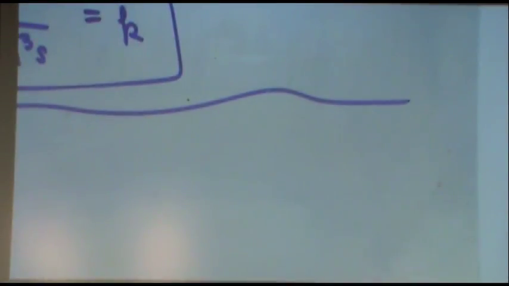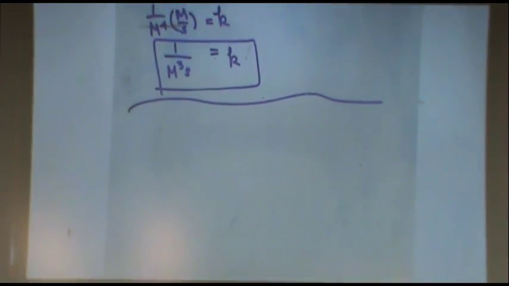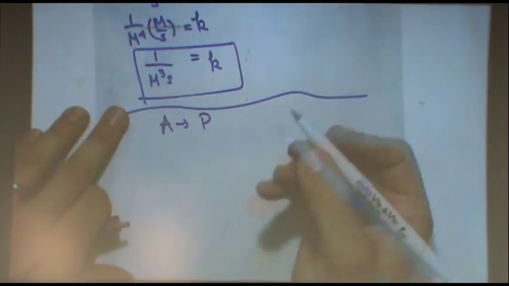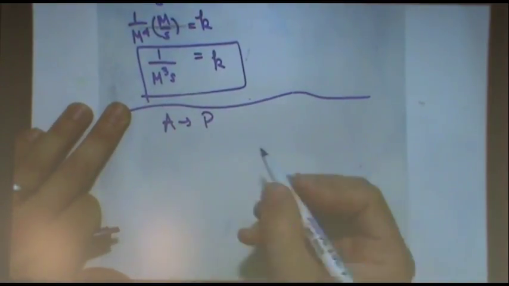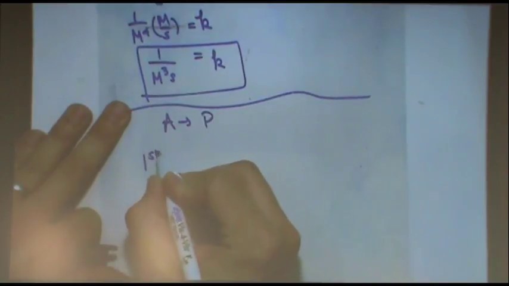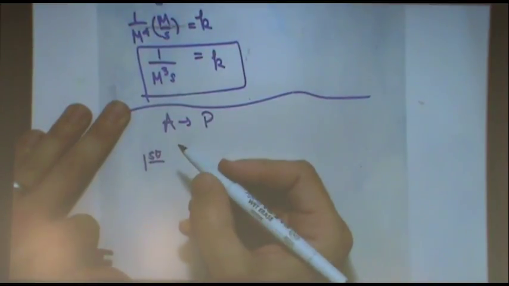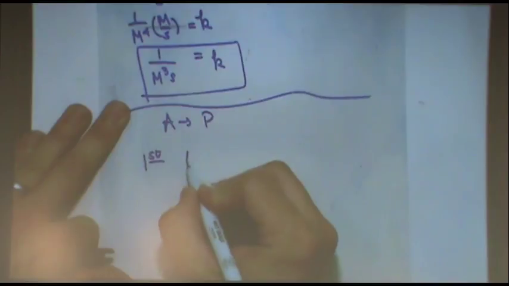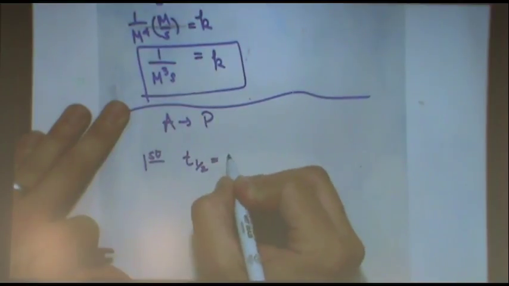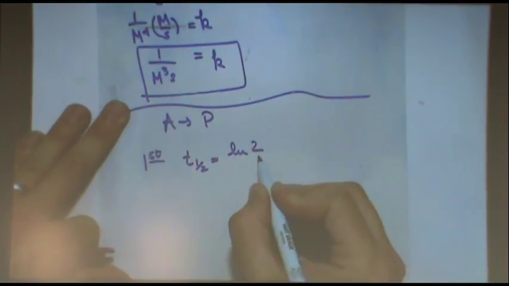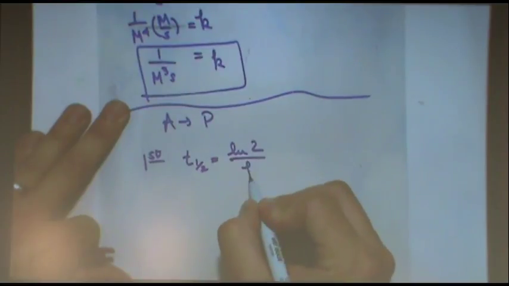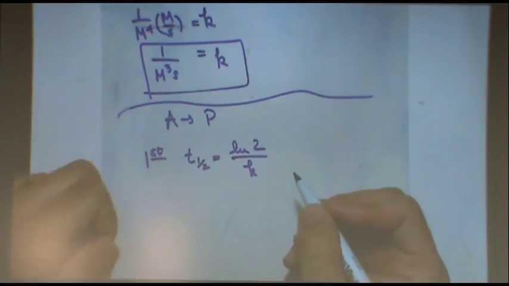So for example, let's say we have A goes to P. First order is kind of the easiest to calculate, usually. If you want to find the half-life, that's the natural log of 2 over K. So you just need the rate constant.